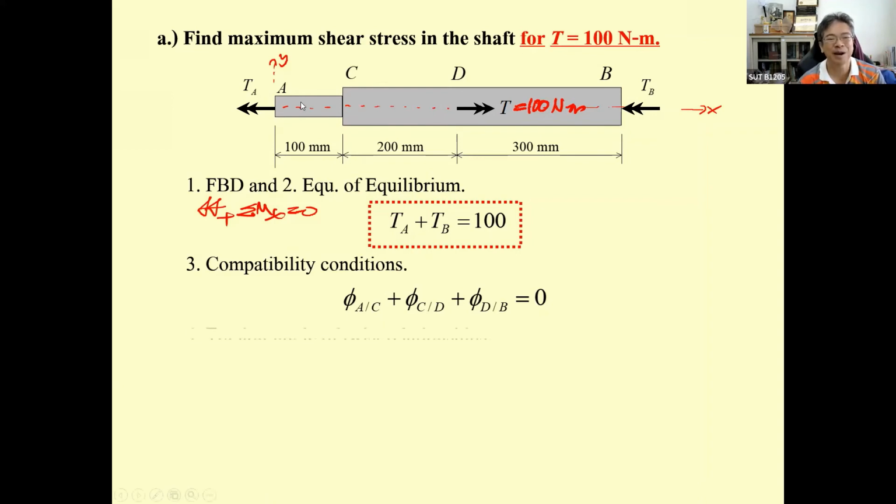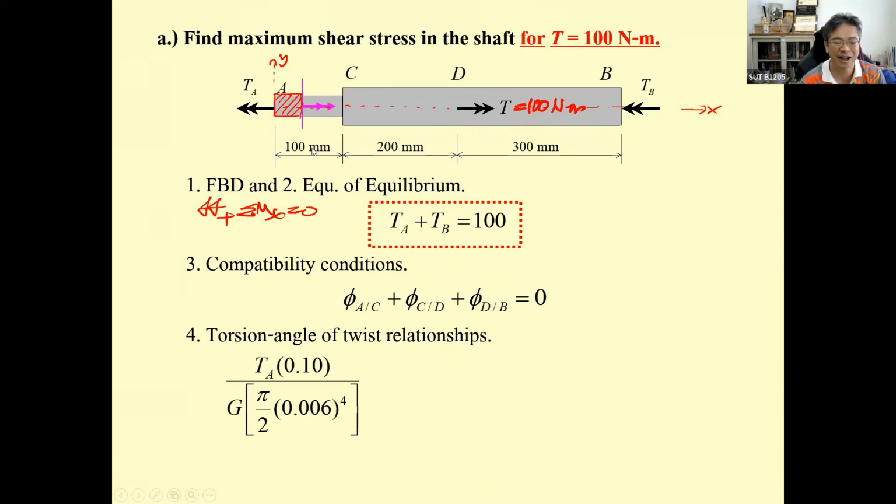So we separate this one into 4 portions. One is going to be for this portion. The pink is going to be T sub A. And then it's going to be T sub A times 100, changed into 0.1 meter, and then G. Why did they not put the number into this?